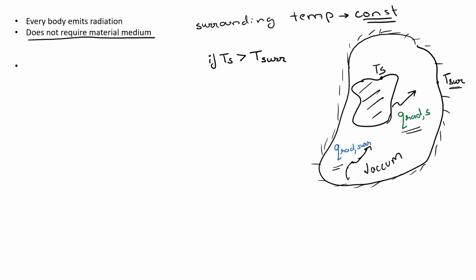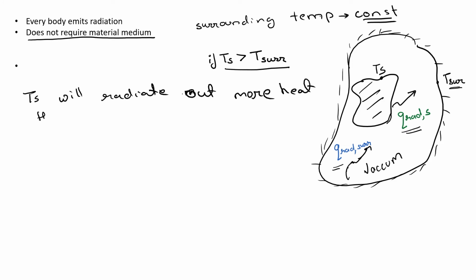Okay, so let's say if Ts is greater than T surrounding, what will this mean? This will mean that Ts will radiate out more heat than it receives.